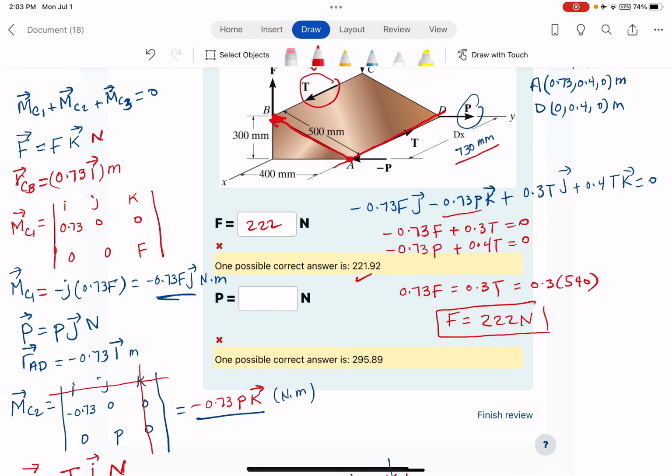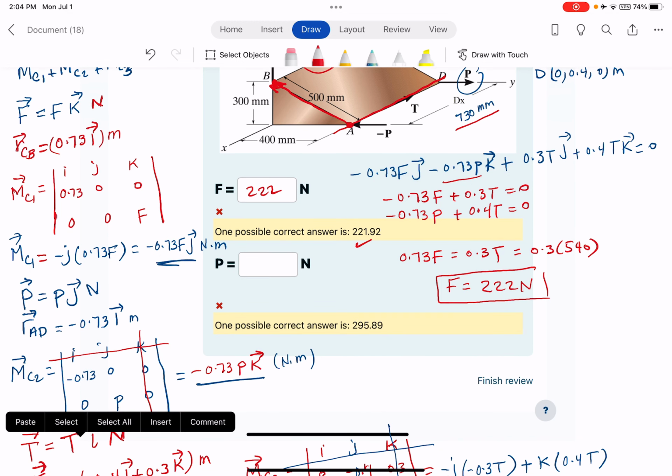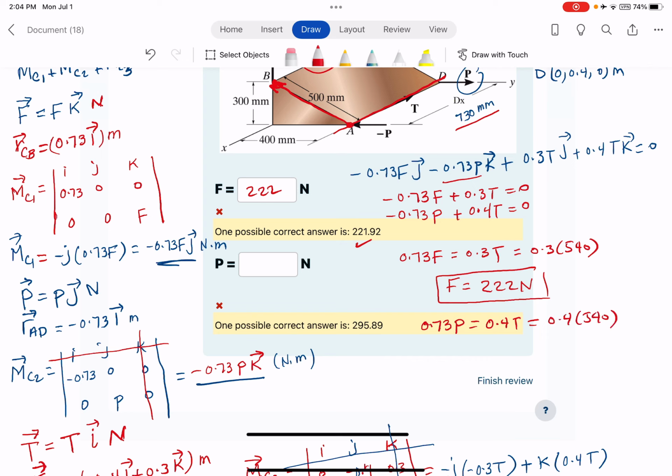Then the other equation: 0.73 P, the other side, equals 0.4T, and T is given as the same thing, 540. So 540 times 0.4 divided by 0.73, and that would give you the force P, 295.8, 296 Newtons. And that is correct, 296.